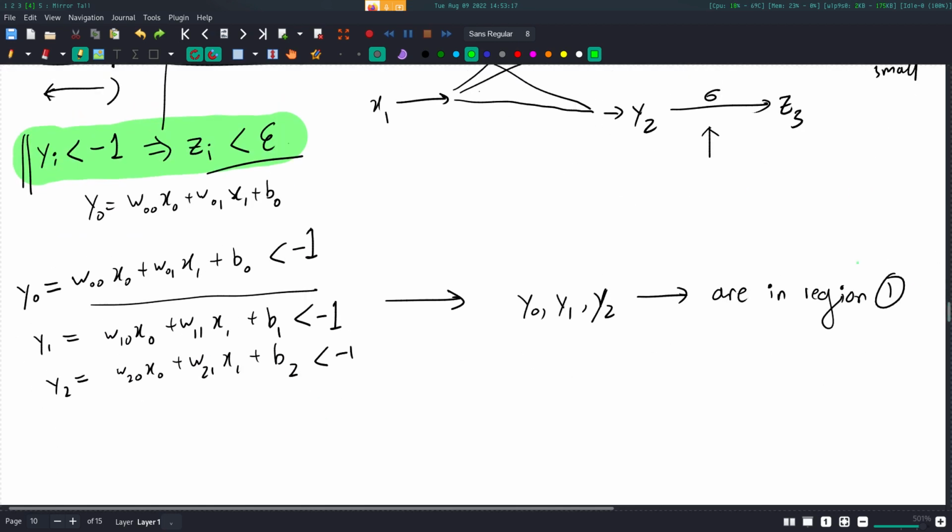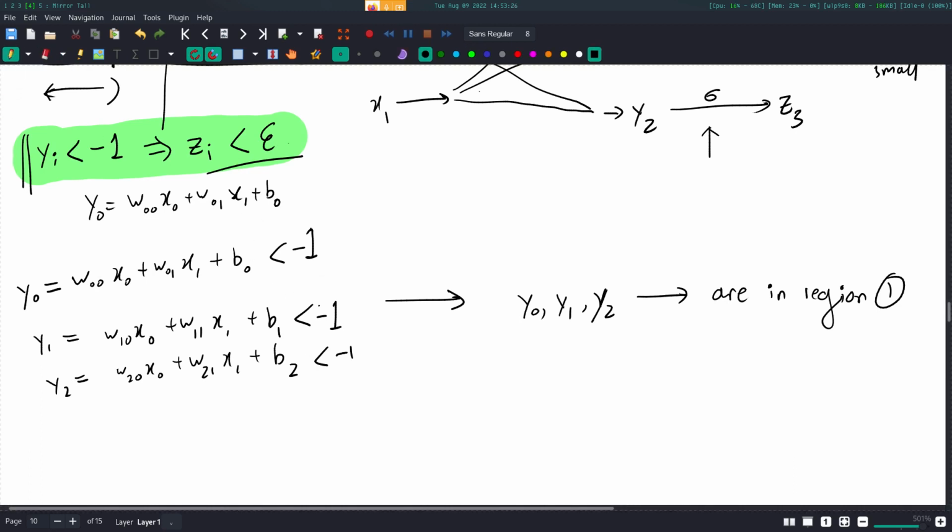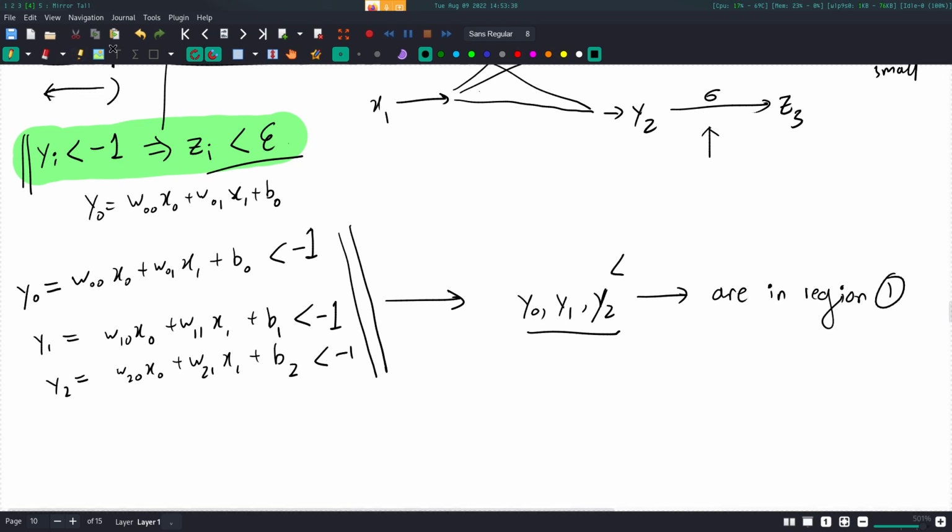So now what you have is three linear conditions on x0 and x1, and if all three of them are satisfied, that will imply that y0, y1 and y2 are all less than minus 1.